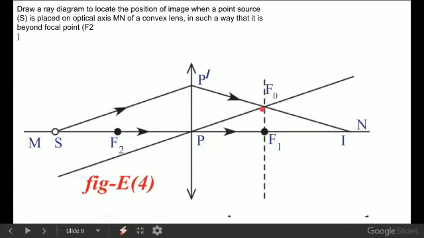Here I have drawn the two lines. These two lines intersect here. Exactly, so this light ray, after refraction, passes through the point of intersection of these two lines.